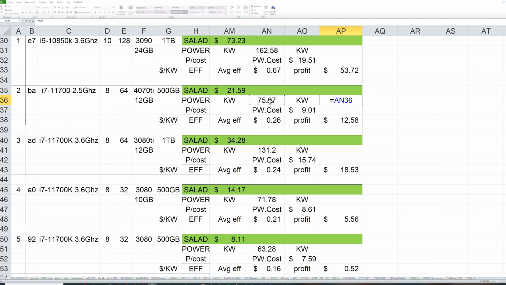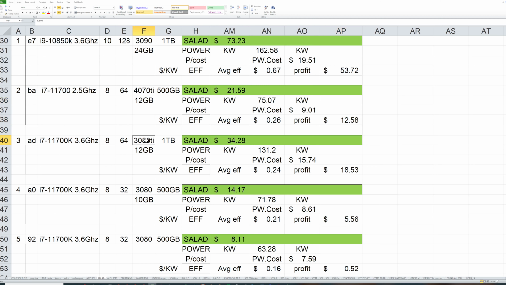If we multiply this times 13 cents, yeah, 9.75, that's what I'm supposed to make, or 14, no, that should be 14 cents, because the 12 cents is the power, 14 cents I made, so 10.50, so that's a lot closer. All right, so that's what the average gives me, kind of an idea if it's really making sense to mine on that rig. So yes, it's still profitable on the 4070 Ti.